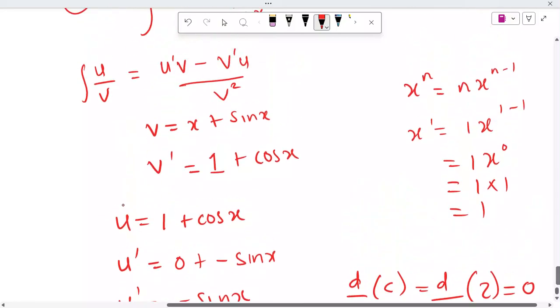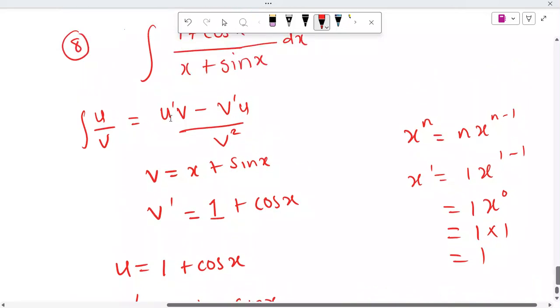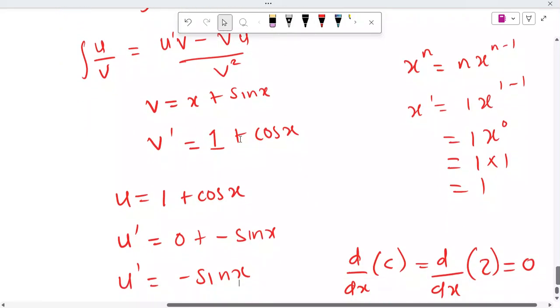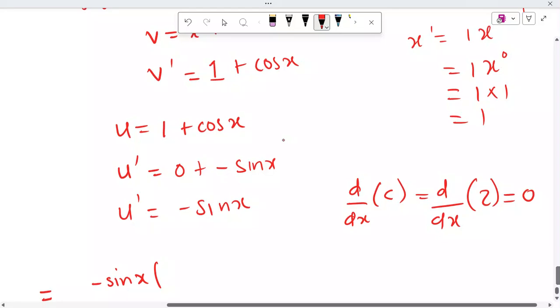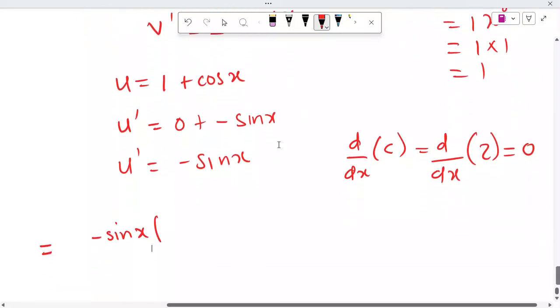So now we apply this formula, substituting what u prime, v, u and v prime are. So this will be equal to, what is u prime? Negative sine x. Then v, what is v? v is x plus sine x.